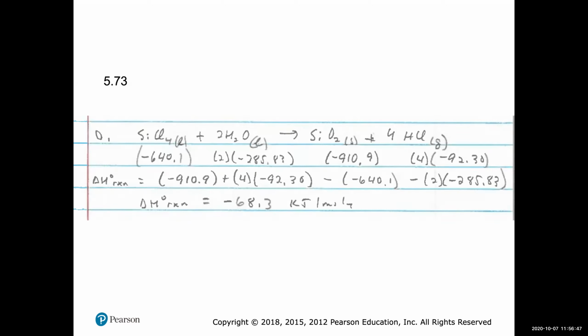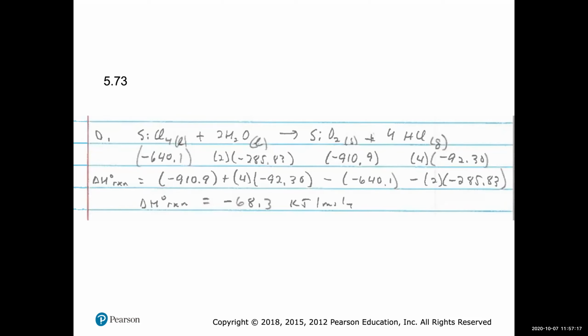Let's look at reaction D. The reaction is SiCl4 plus water going to SiO2 plus HCl. The values like the minus 640, the minus 285, minus 910, etc., are the values you'd look up in the table. So you have to be given those values, either in a table or someone tells you what they are.